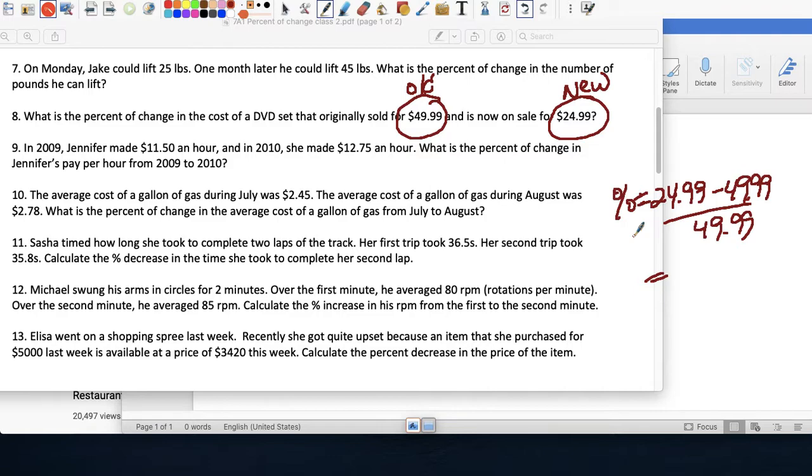You get negative 25 divided by 49.99. You get negative 0.5001 times 100. And then multiply by 100 or move the decimal 2 spaces. You get negative 50.01%.